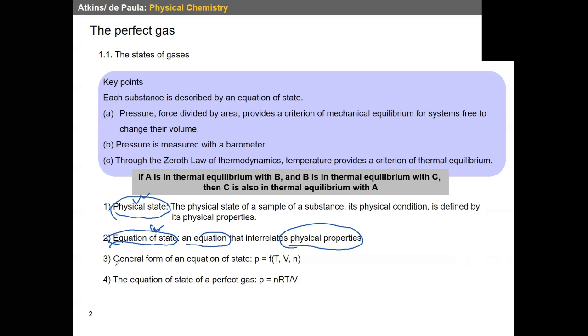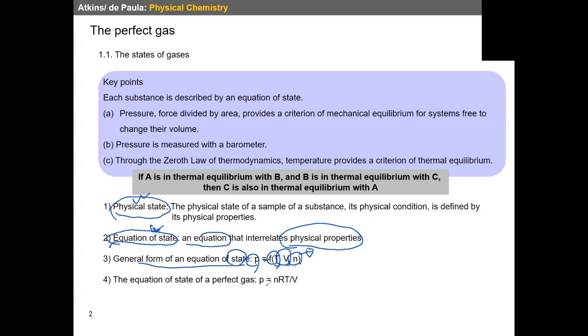The most general form of an equation of state is P equals a function of T, V, and n. What does this mean? This is a function with variables of temperature, volume, and the number of molecules.